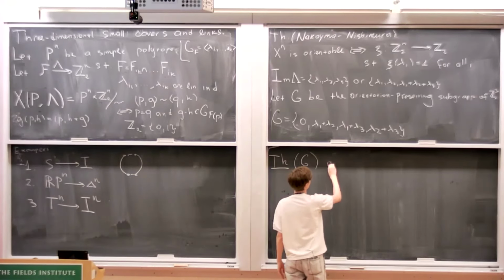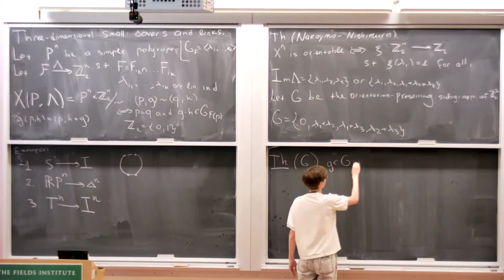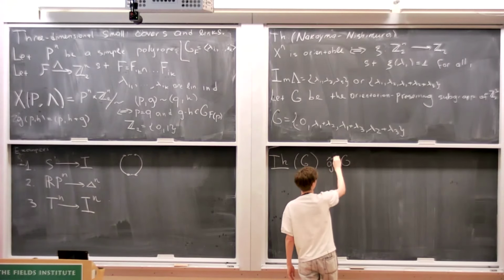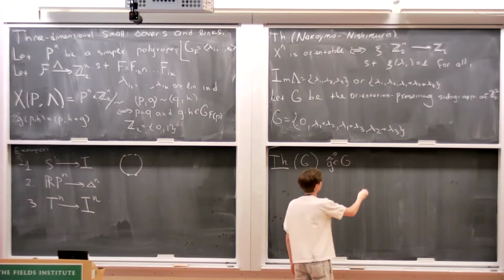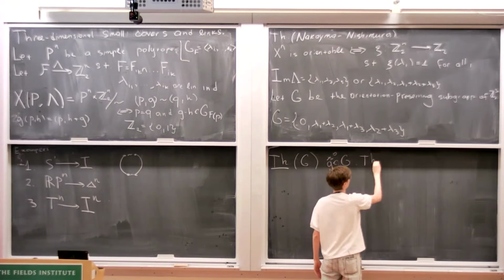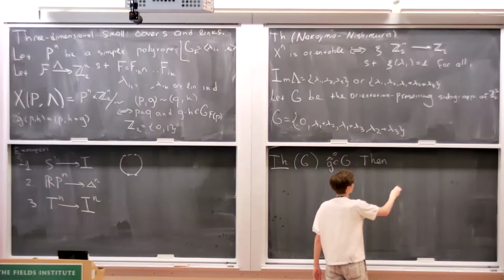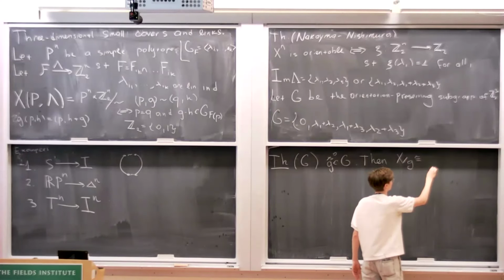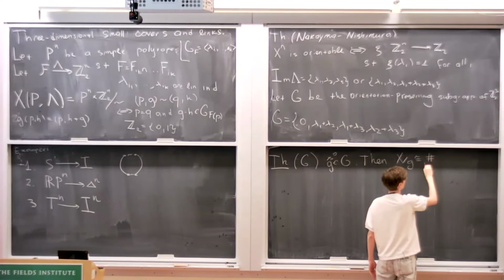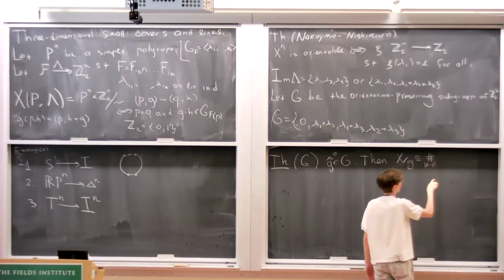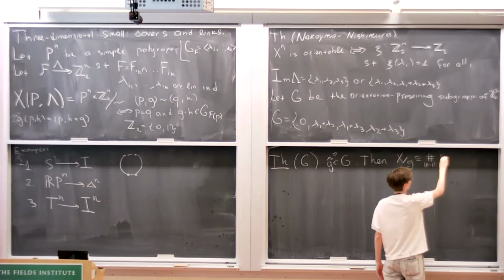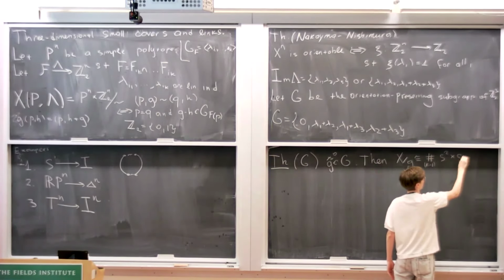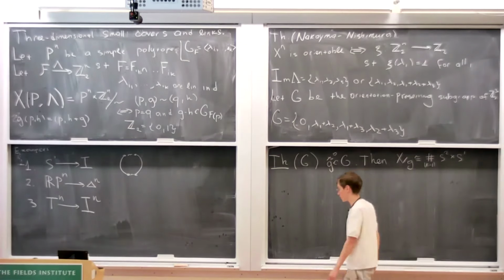So consider g from G big, which is non-zero. So consider a non-zero involution. Then the orbit space by this involution is homeomorphic to a connected sum of k minus 1 copies, where the number k will be defined later, of S2 times S1. So it's the first result.